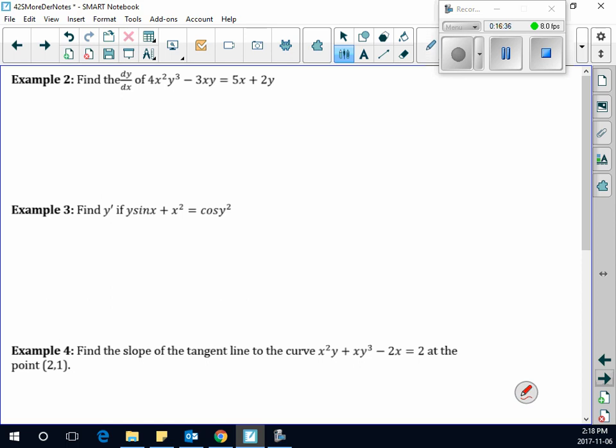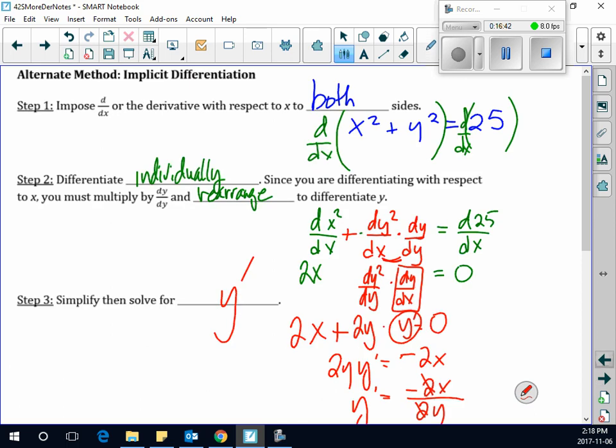I want to go back to the previous one where I did implicit differentiation. So do you see how I did d/dx on both sides and then I threw in this? And that's where people are going, whoa, whoa, whoa. Okay, so I showed you this because I want you to see why, in fact, I get y prime.